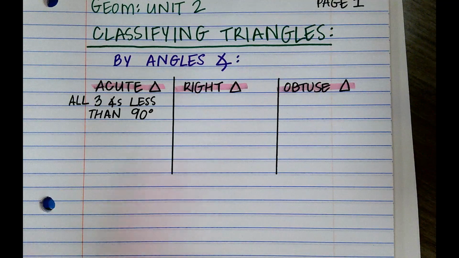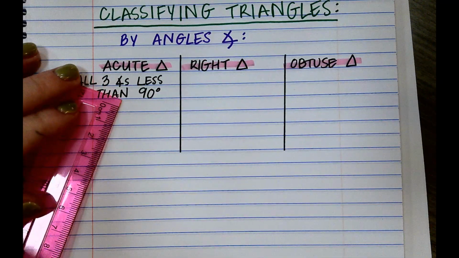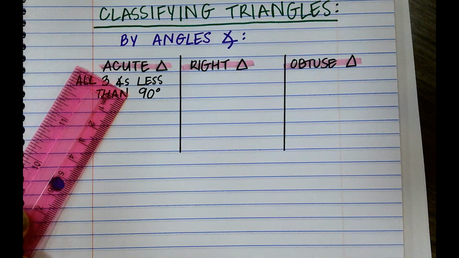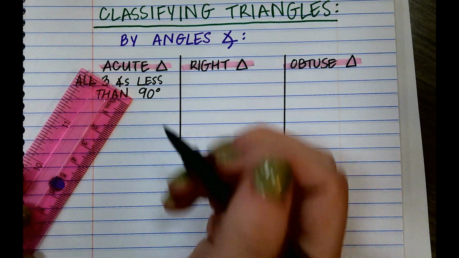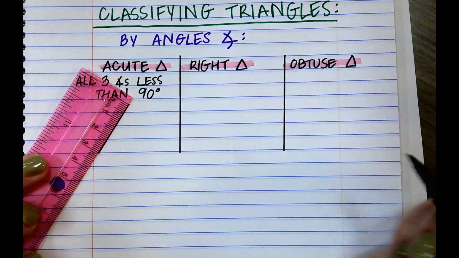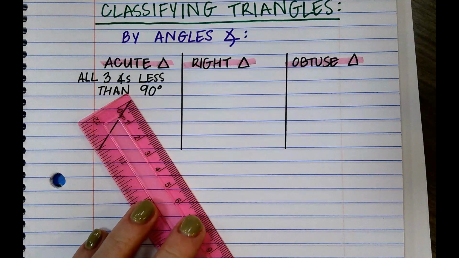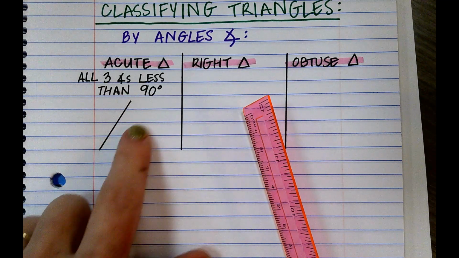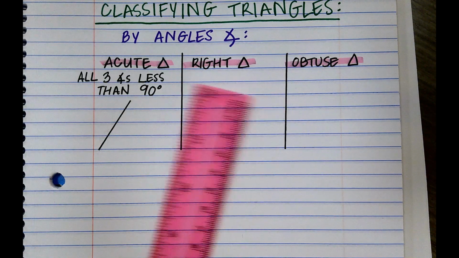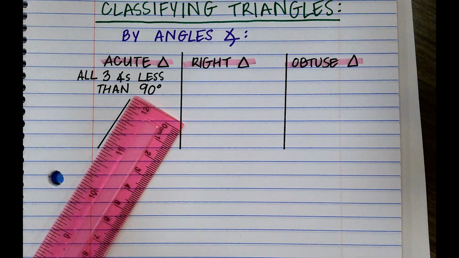So, how I'm going to draw an acute triangle is I'll start with my ruler, tilt it this way, and I'll draw a little line that's about 3 centimeters long. Centimeters? Yeah, you can use inches if you want. If you're using inches, it's roughly 1.25 inches.